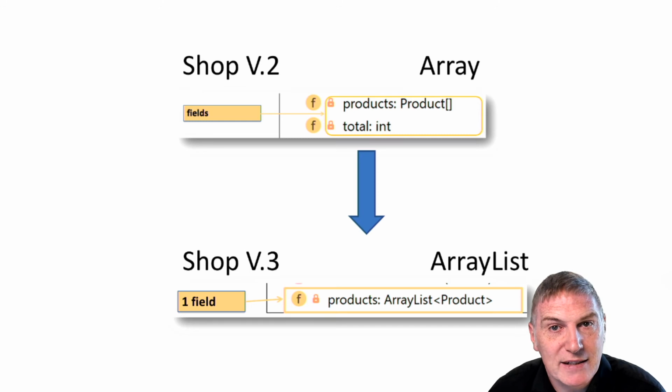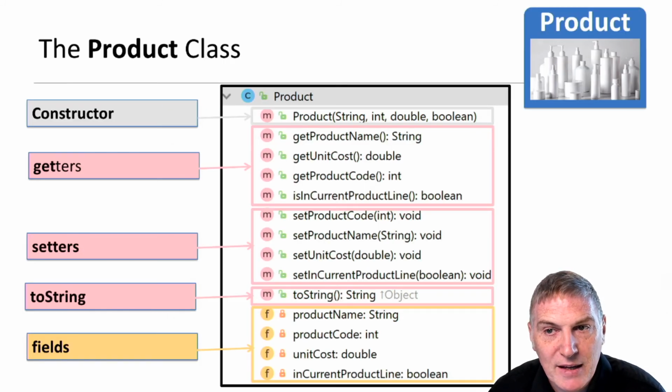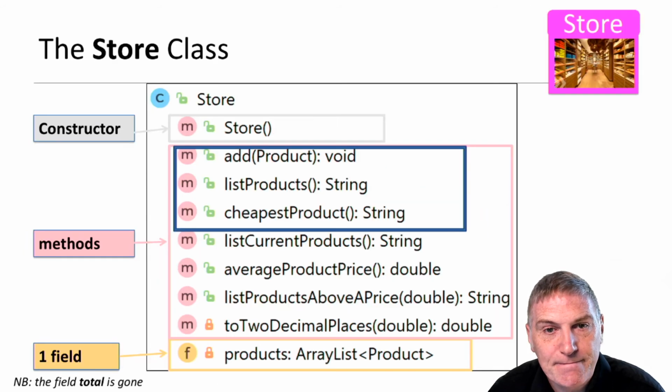We no longer need to use total because we can find out how many products are in the array list by calling the size method. We looked at the product class in detail. We looked at the store class. Today, we've spent time looking at the fields, the store constructor, and then 3 methods: add, list products, and the cheapest product.